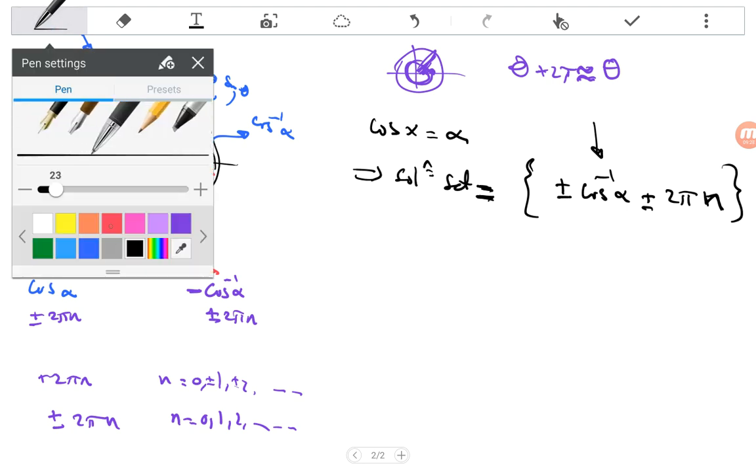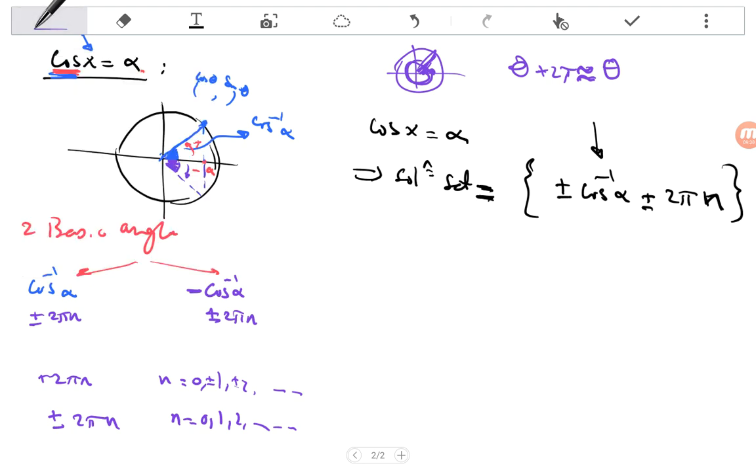So if I said, for example, I need to solve this equation, cosine x is equal to negative 0.3, okay? So the solution for this equation will be x.